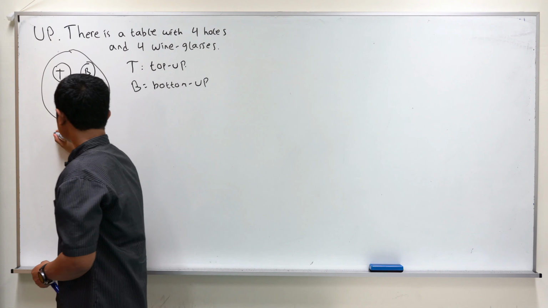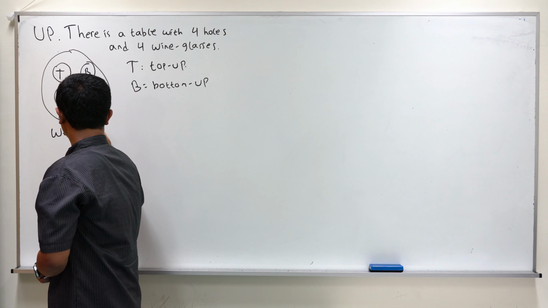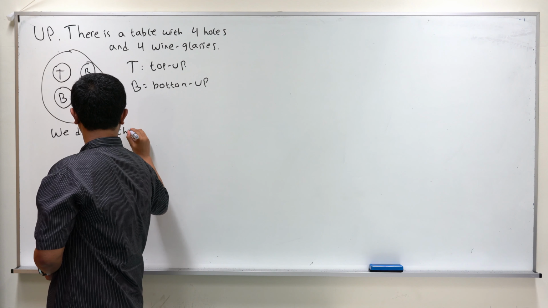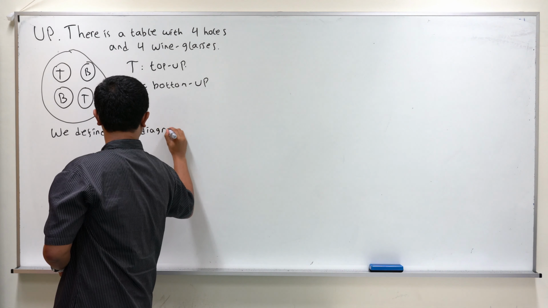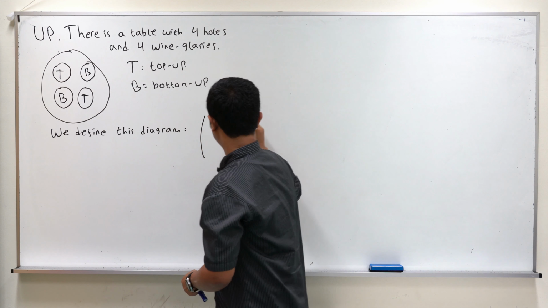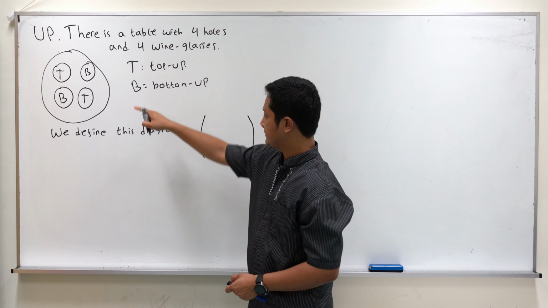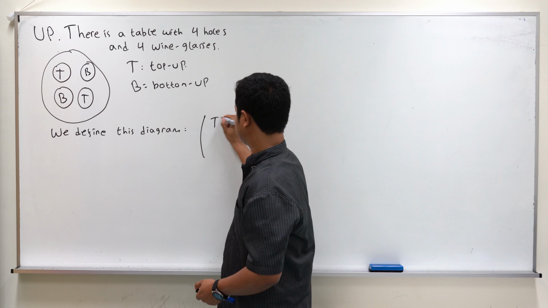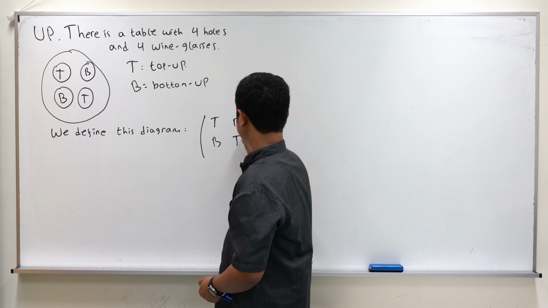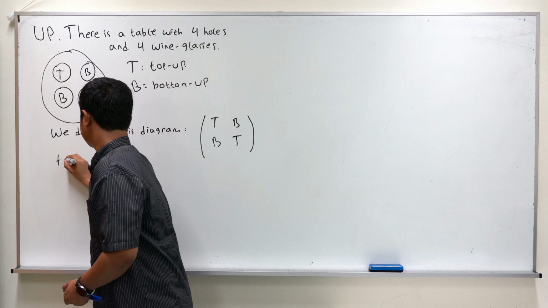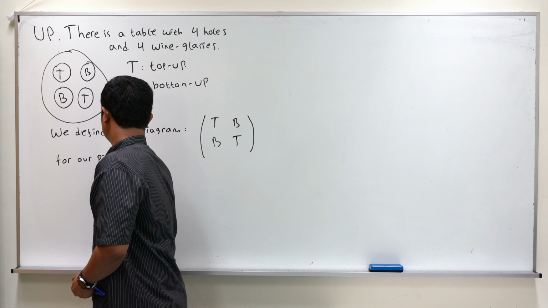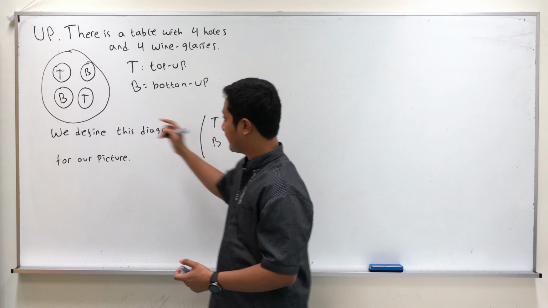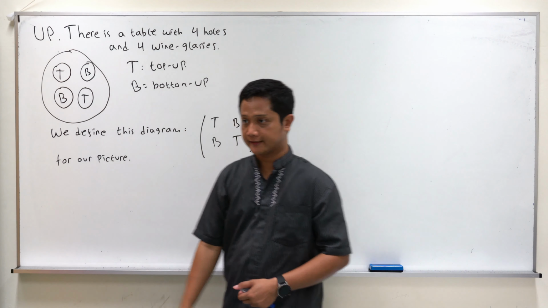So it is better if we define this diagram, something like this, and we fill with T or B. For example, T, B, B, T for our picture. Okay, this one is much easier rather than I have to draw a picture every time.